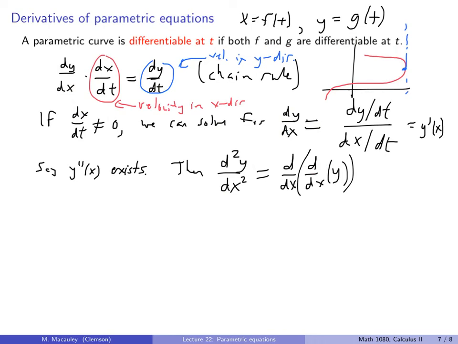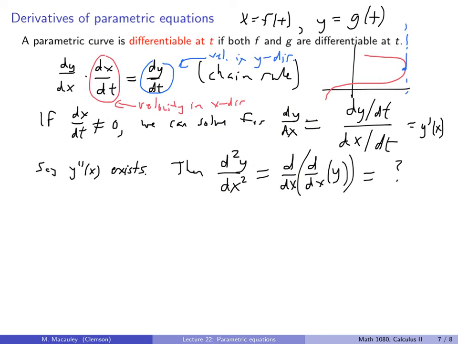Now you can see nicely why we like to write this as d squared y, and here in the bottom the dx's stick together, so it's dx squared. So we want to know what this is.